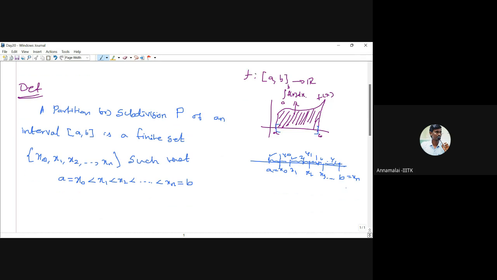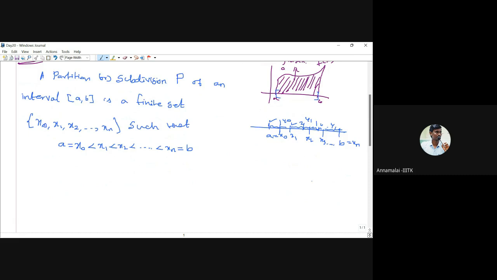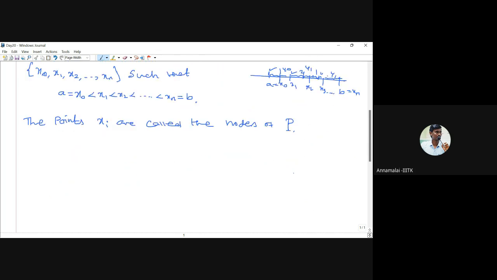The first point is a, the last point is b, and the middle points are strictly increasing. These points xi are called the nodes of P, the nodes of the partition P.